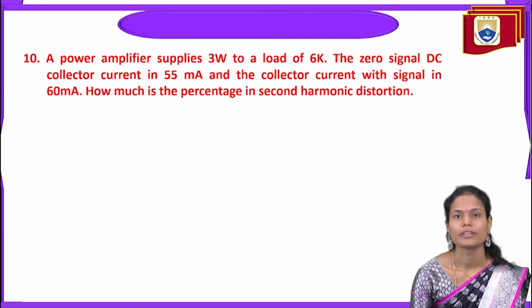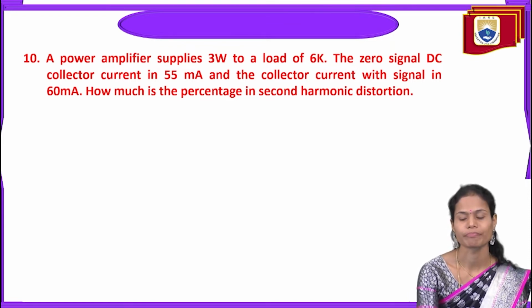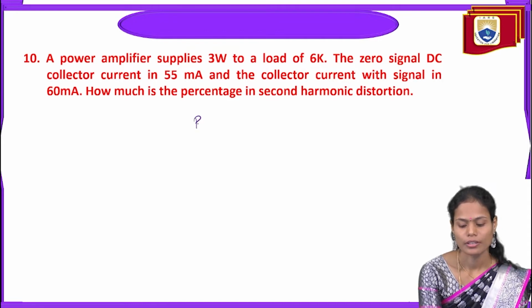And next, the last question in the critical thinking questions: a power amplifier supplies 3 watts to a load of 6 kilo ohms. That is, the PDC value is given as 3 watts and the load resistance value is 6 kilo ohms.